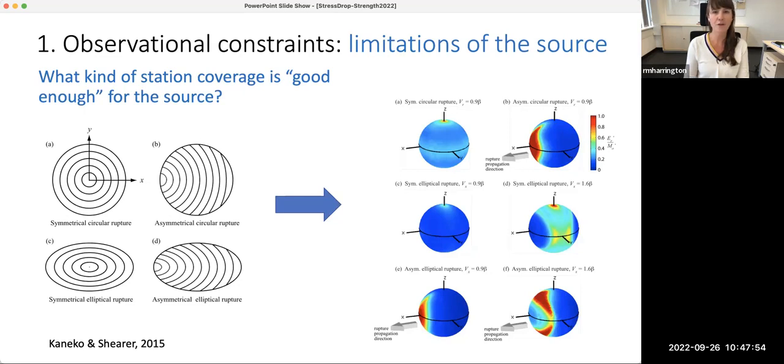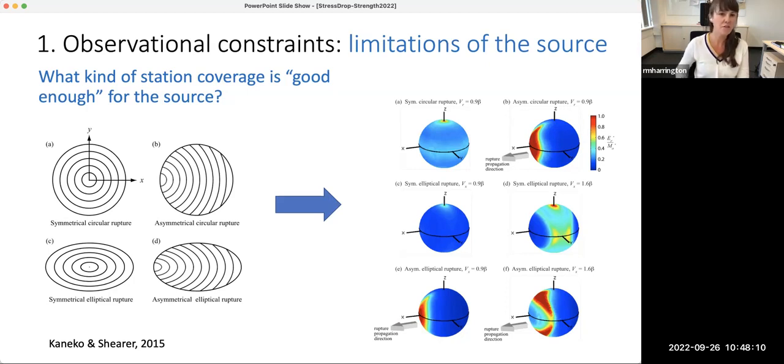And I'm going to call into question our idea of what we think good seismic station coverage is when we start trying to place constraints on what stress drop values or other source properties of earthquakes are.